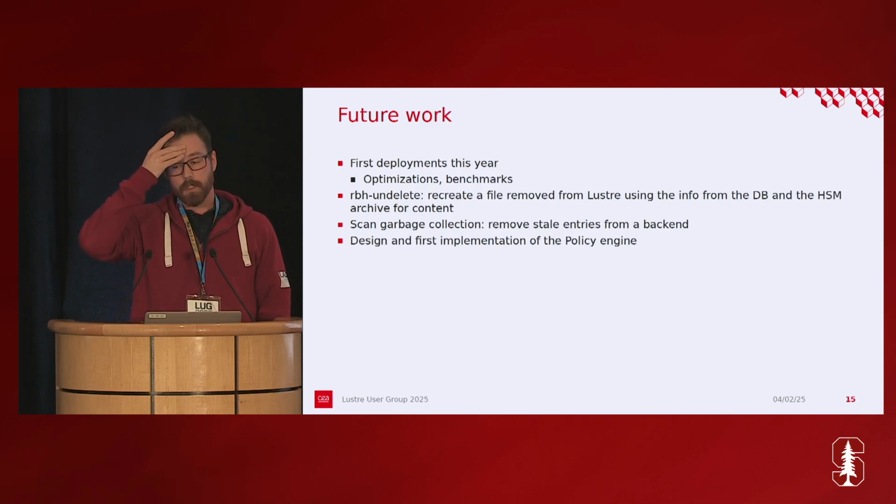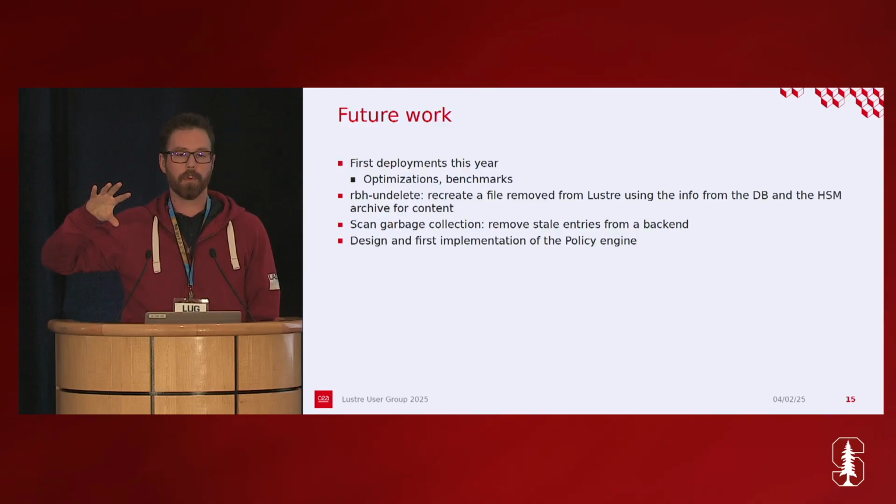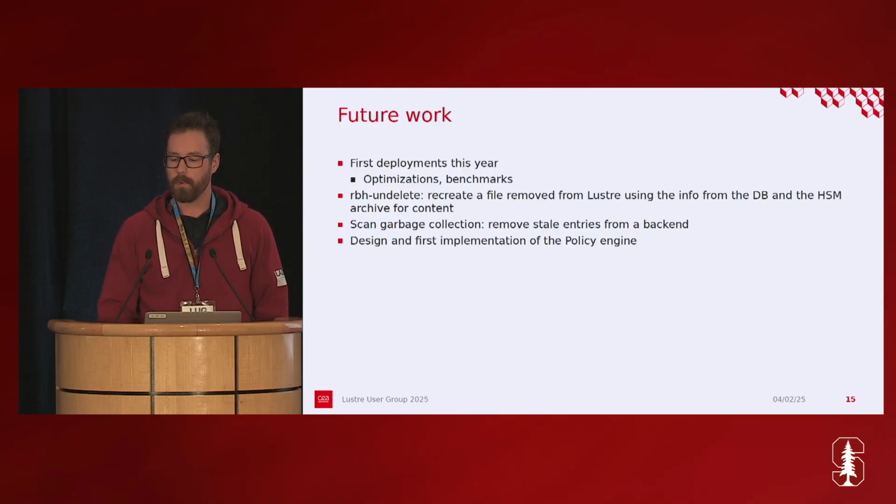And we've also started discussing having an actual policy engine in Robinhood 4 so that you could translate your version 3 configuration to version 4, and you wouldn't have to re-implement all of the policies that you have currently.